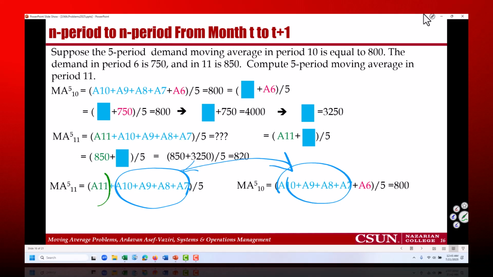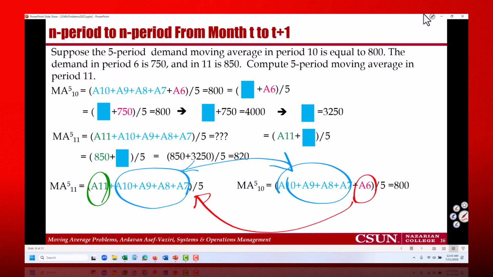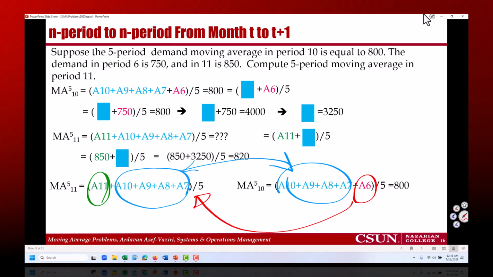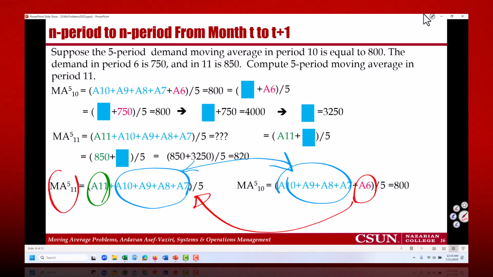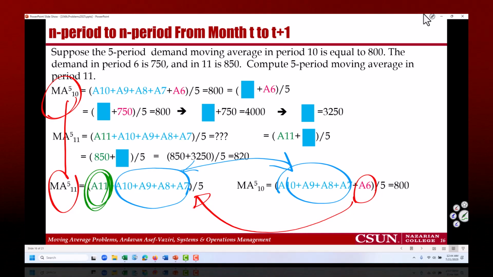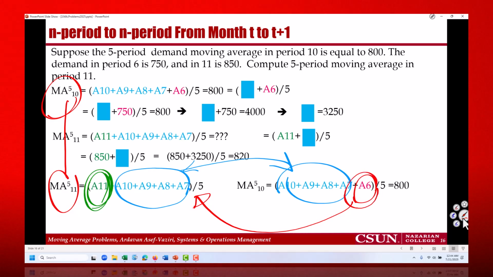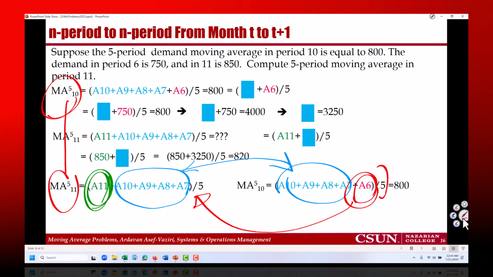This one has a new part over here, where this part does not exist over there. So I can write that this is equal to this plus this part minus this part, and then divided by 5.